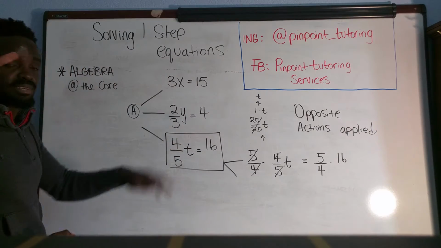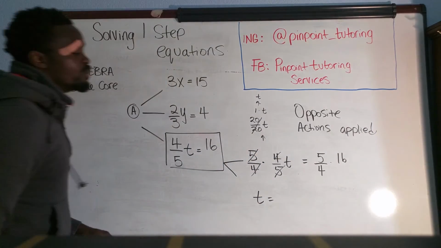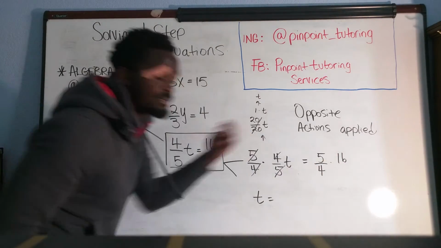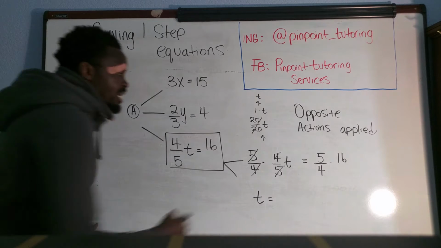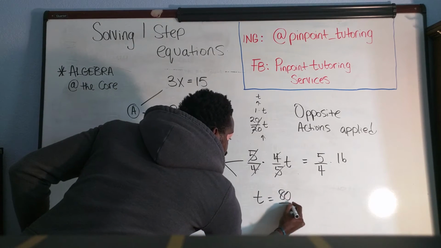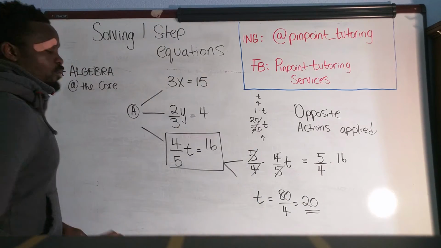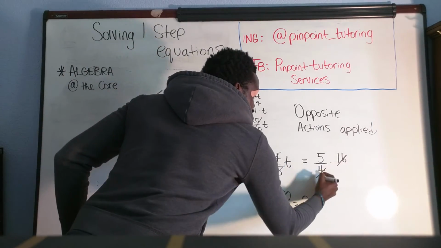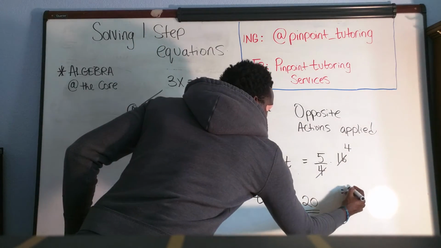So that's my little sidetrack over there. But now t is by itself, and then I have t is equal to 5 divided by 4 times 16. You can either cancel or just put that directly into a calculator, and you'll see that this is really 80 over 4, which is 20. Or if you break it in the step this way, you have 4 going into 16 4 times, and 5 times 4 is also 20.